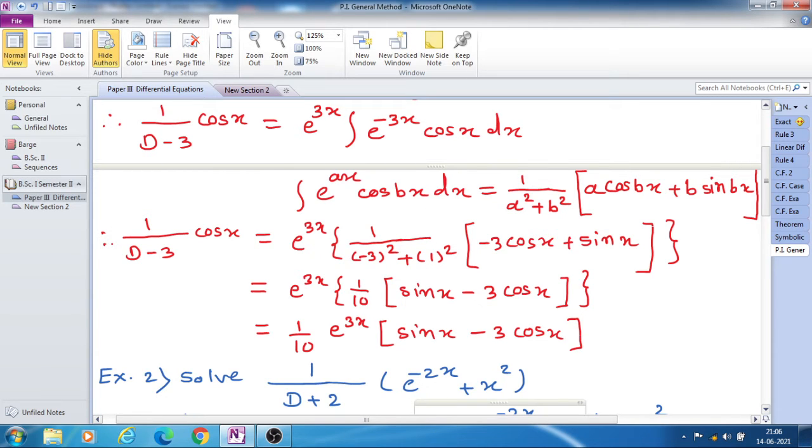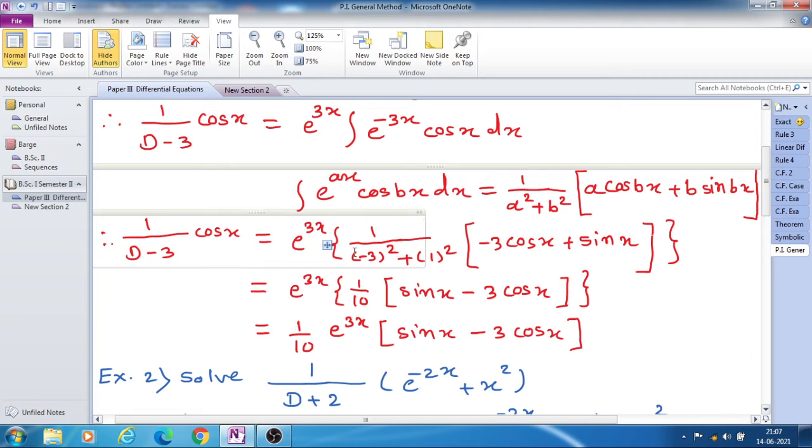If you know the formula for this integration, then you can find this value, otherwise you can't find this integration. So revise all the formulae of derivatives and integration for this topic.